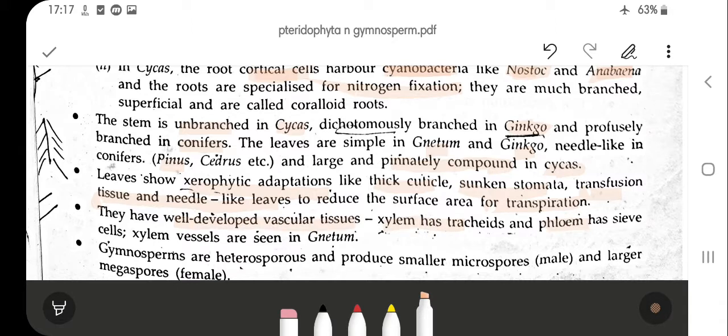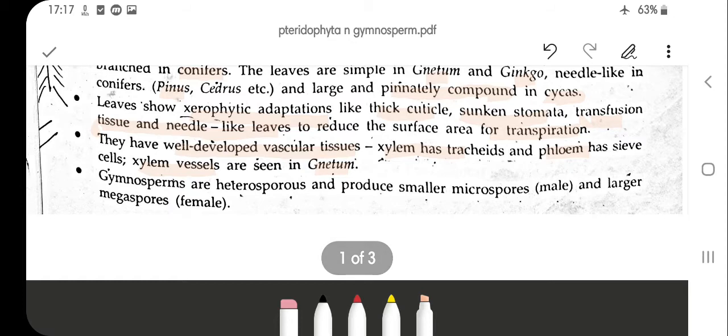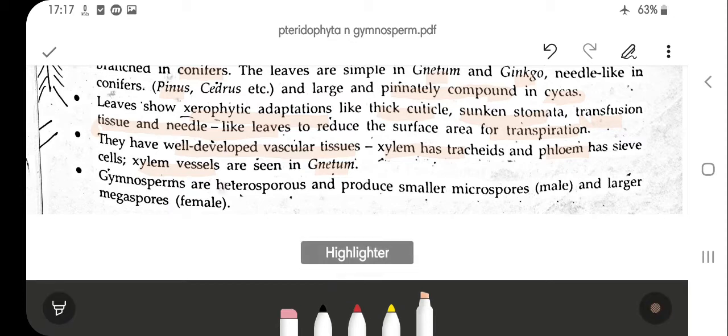Xylem has tracheids, no vessels are there, and the phloem has sieve cells, whereas in some exceptions like Gnetum there are xylem vessels too, which help in the transportation of water as well as food. And they are heterosporous, having two types of spores, microspores and megaspores, that is male and female.